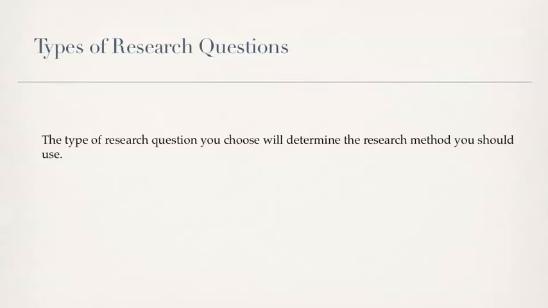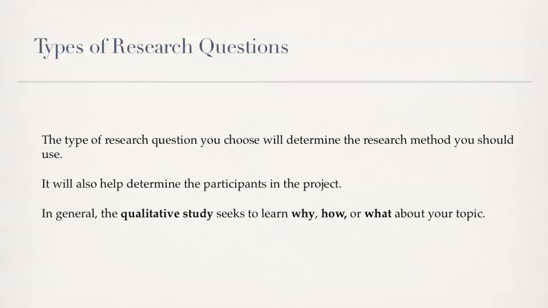So it's a good way to help you focus and stay focused on your topic. The type of research questions are also very important because they help you determine the research methods that you're going to use. It can also help you determine the participants in your project. So let me show you how that works.